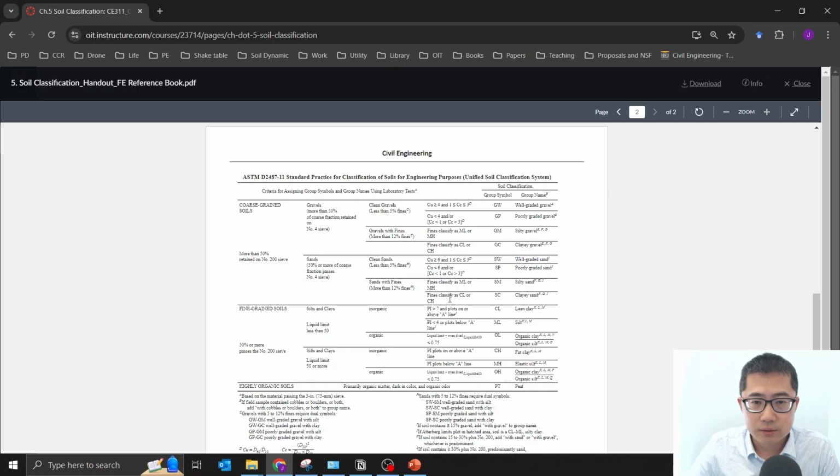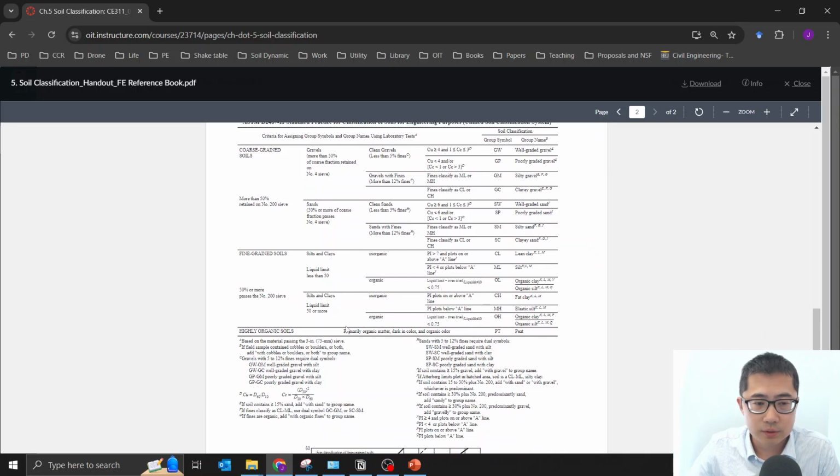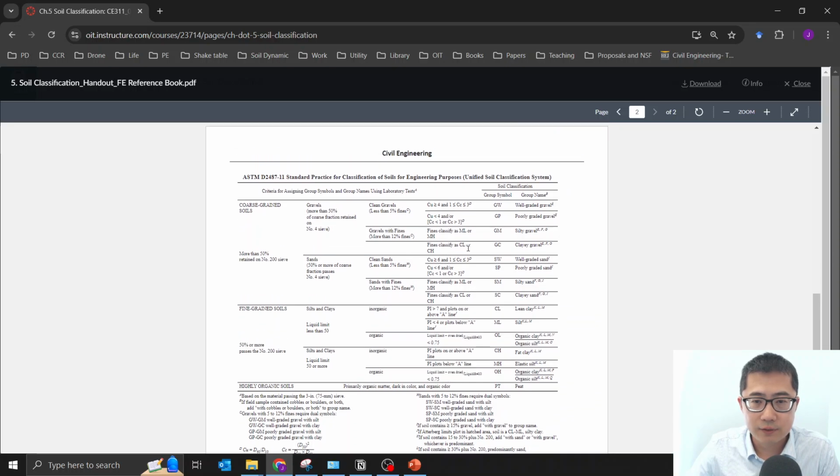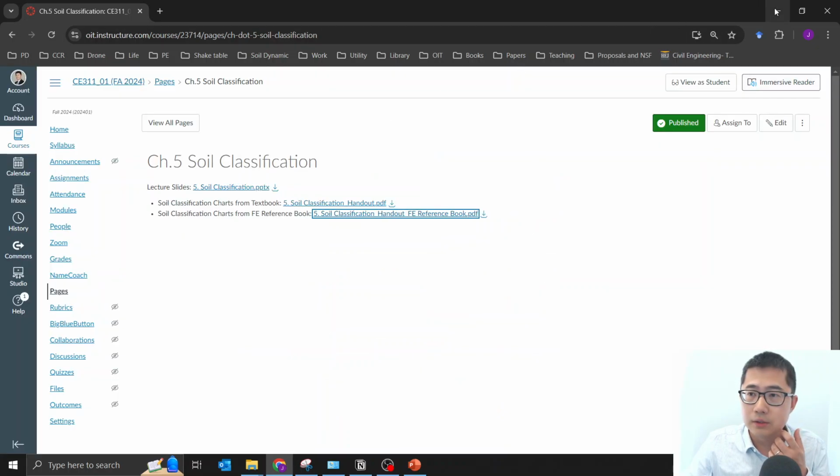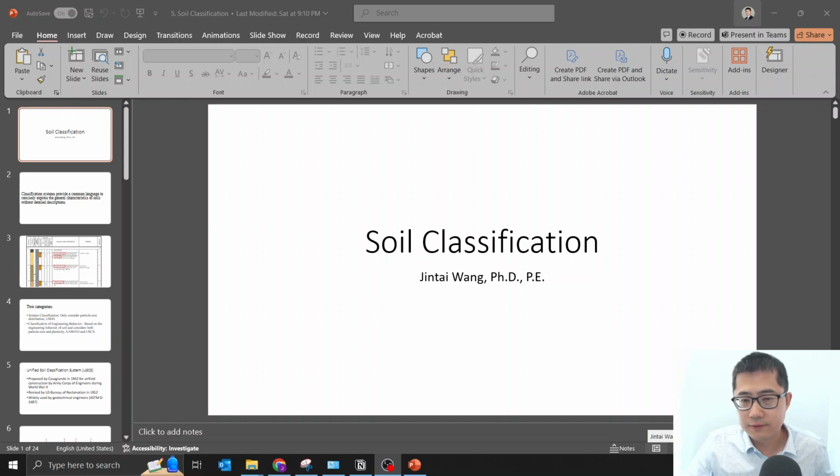I will leave it to you, but as a minimum, you should be able to use this for the soil classification. Okay, let's get to it. So, soil classification.